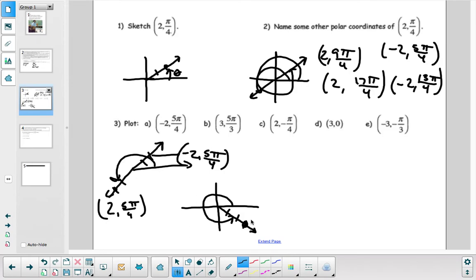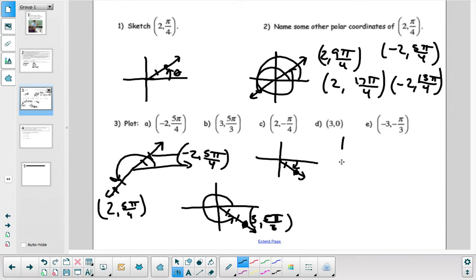Put a dot there and label it. That's a 5. Okay, good. Next, (2, negative pi over 4). Same idea. Go down. 1, 2. Draw your coordinate, and you're done.